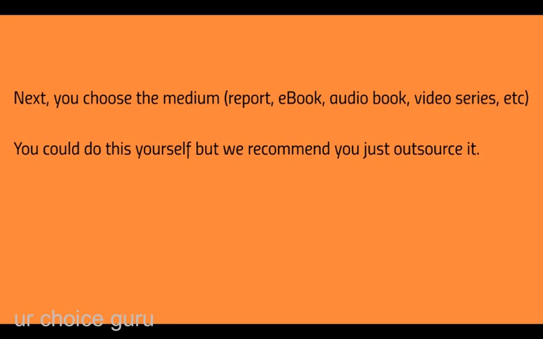You can even look at the reviews and the negative reviews and see what people are complaining about, as far as maybe this book or report or course does not contain something. So you can simply take that and put it into your product.